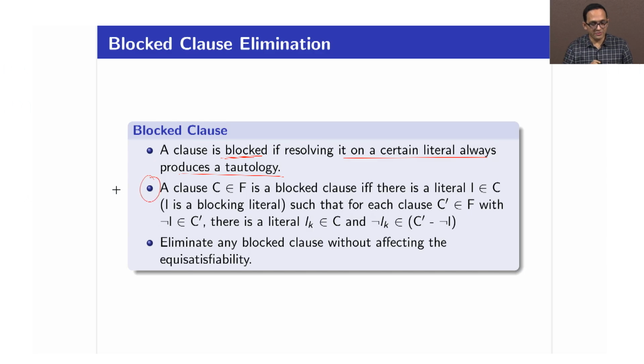Okay. So, now let us see the definition of blocked clause elimination. So, this precisely defines this. Since I have a clause, say C, okay, and this C is a blocked clause. It says that if there is a literal L in this C, which is called the blocking literal, such that for each other clause where not of L is present, let us say I have another clause, say this is C1, this is C4 and there is a C5.